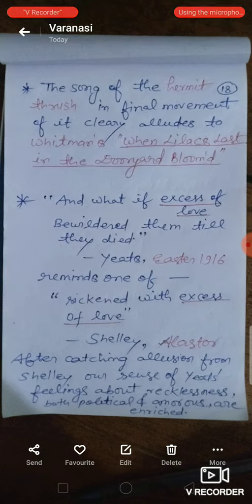As you know, this is an elegy written by Whitman when Abraham Lincoln was assassinated. So that depiction of the hermit thrush in the nearly ending lines of The Wasteland is very well alluded, meaning it can remind you of Whitman's When Lilacs Last in the Dooryard Bloomed. So this was some example of allusions in The Wasteland.